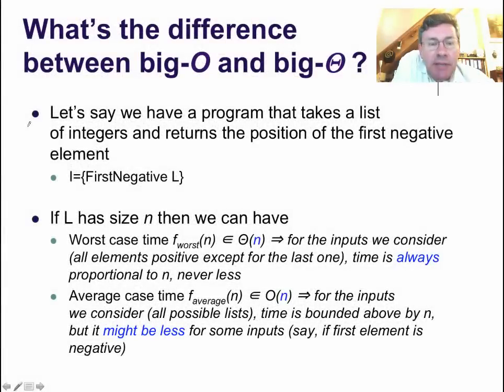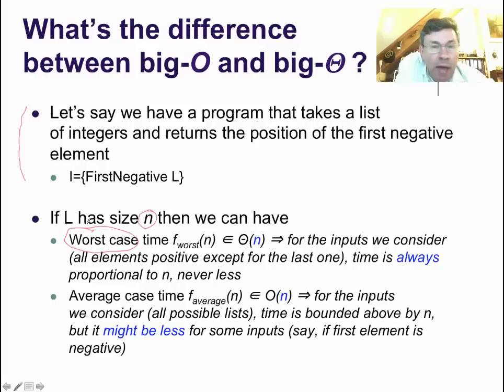Let me now give an example of the difference between big O and big theta. Theta, the one where we have both upper and lower bounds, where F and G never get far apart. So let's use our trusty first negative function, which returns the position of the first negative element. Now assume the list L has a size n. Let's take a look first at the worst case time.